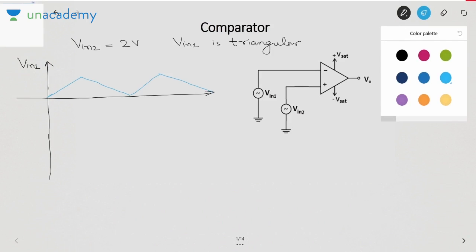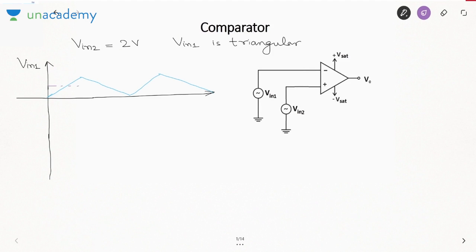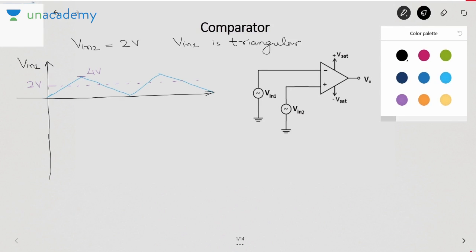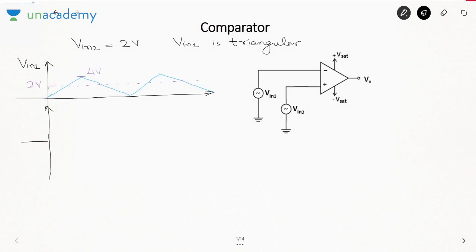Now what will happen is, suppose the input voltage at 1 is 2 volt. Okay. So this is 2 volt. Suppose it has a peak value of 4 volt. Now what I will say is, when I want to draw the output, I will have to check the points of intersection. Okay, like this.